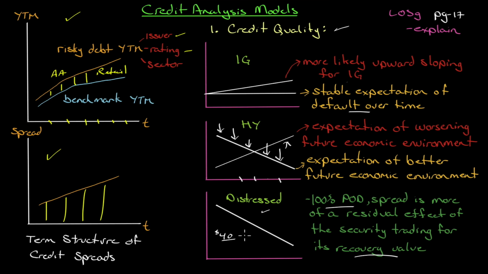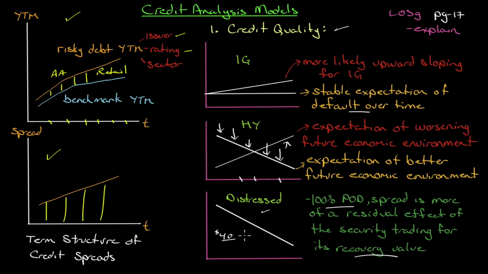Well, imagine if it were selling for $35 and you know that you can get $40 in liquidation. It would be bid up. Simple as that. So the price reflects the fact that if it wasn't that price, there'd be not an arbitrage, but an opportunity for profit in there. So it would be bid up to the point where the difference between the bond's selling price and the estimated recovery rate would represent the uncertainty in the recovery rate.